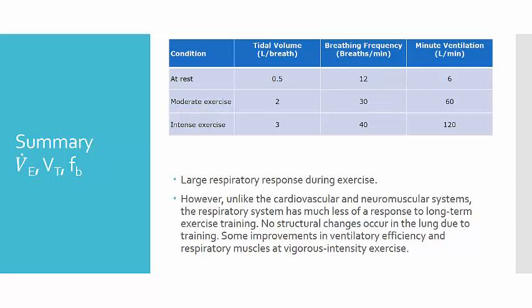But the improvements that we see, or the higher ventilation that we see, is mainly due to efficiency of the respiratory system and better trained or stronger respiratory muscles. So what we could see in the endurance trained individual is a tidal volume of 3.5 liters per breath, 45 breaths per minute, and a minute ventilation of over 150 liters per minute.